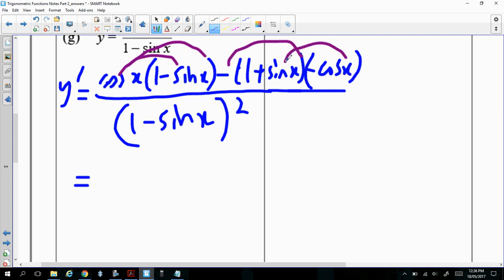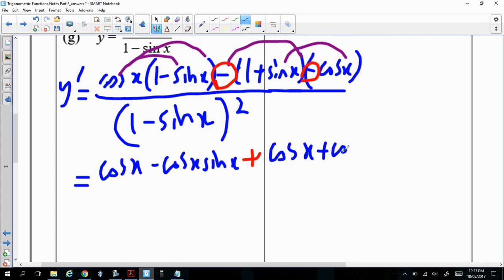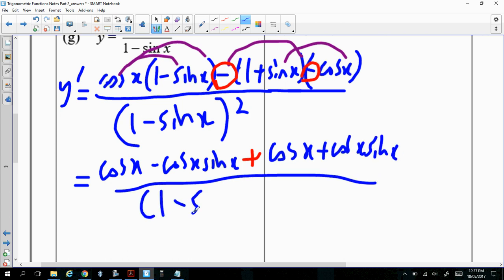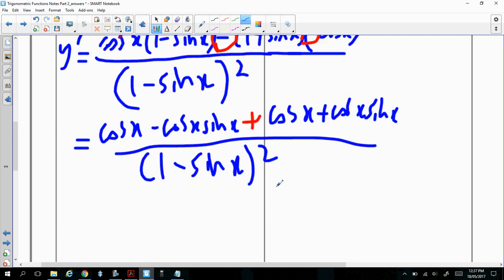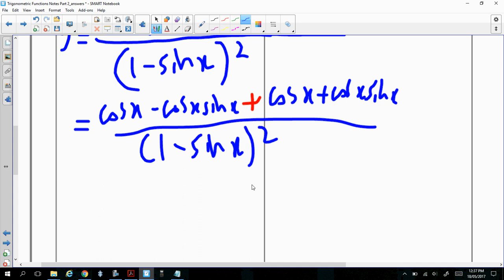You get positive instead, plus. So you end up getting cos x plus cos x sine x, all over 1 minus sine x all squared. And you will see that things get cancelled, these two get cancelled, and these two add up, become 2, and the denominator stays the same. All right, that's your final answer.